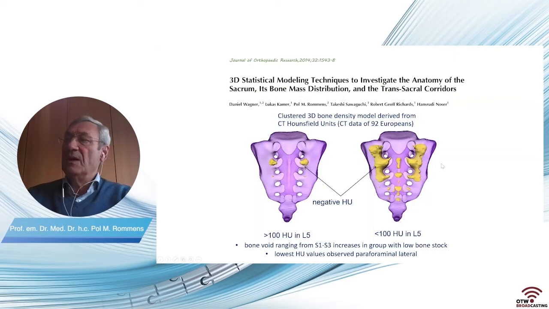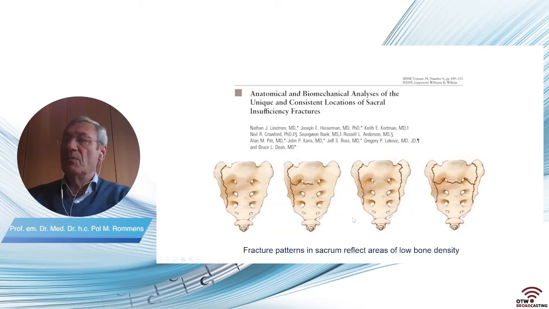If we look in the group with a lower bone mineral density, we discover large areas of alar voids in the sacral ala left and right, some islands in the middle of the sacrum, sometimes even a connection between the alar voids on the left and the right side. And that explains the typical morphology of the sacral fractures in the patients with fragility fractures of the pelvis.